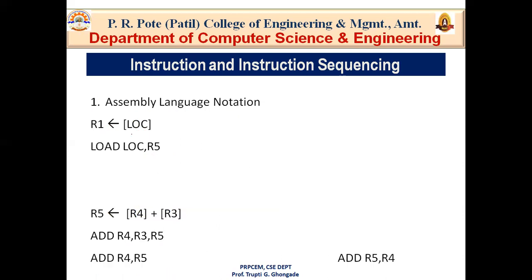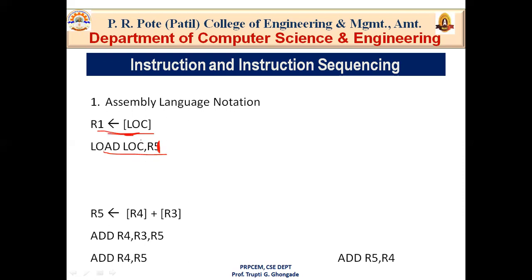If we write this, then how will we write it in assembly language notation? We will write it as Load LOC, comma R1. It means that we are loading the location into R1. This was mistakenly written as R5; it is R1. We have to write this instruction in assembly language notation.